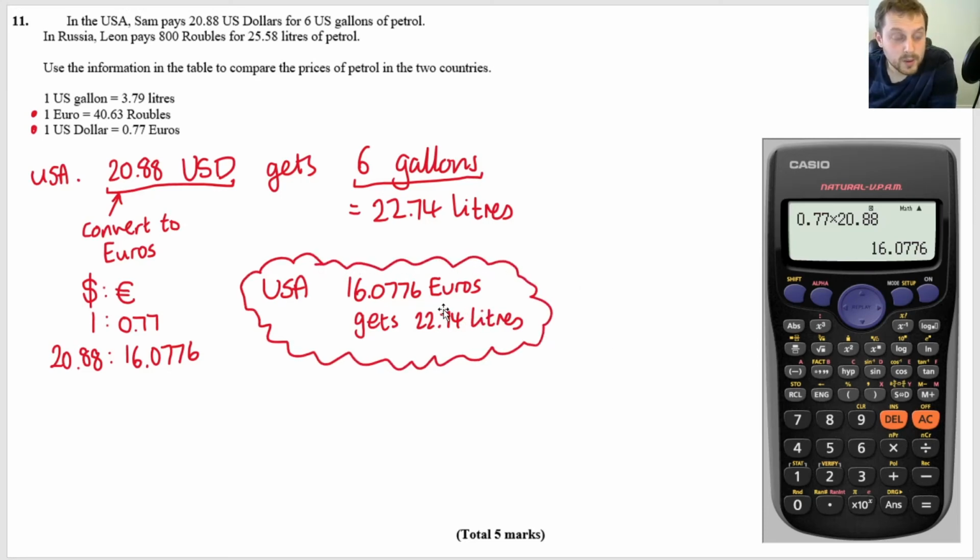So now I need to do a similar thing, but with Russia. Russia is actually a tiny bit easier because Russia is already in litres for the petrol. So let's write Russia. So this has crashed again.